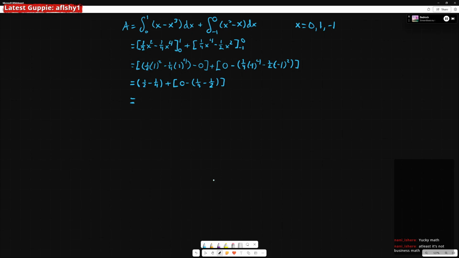So then we have 1/4 plus 0 minus negative 1/4, which is equal to 1/4 plus 1/4, which is equal to 1/2 units squared, because this is an area.